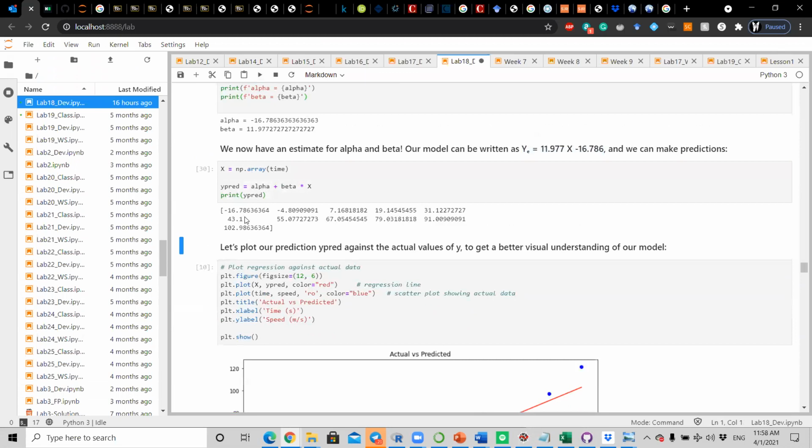So for time equals 0, we are getting a speed of minus 16.8. What does that mean? Oh, it's our intercept. It is your intercept.